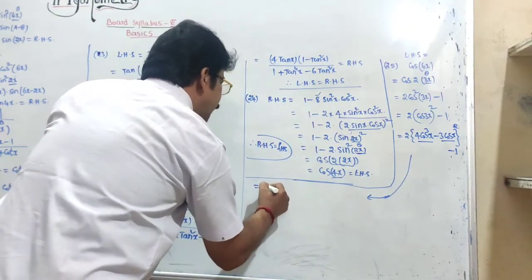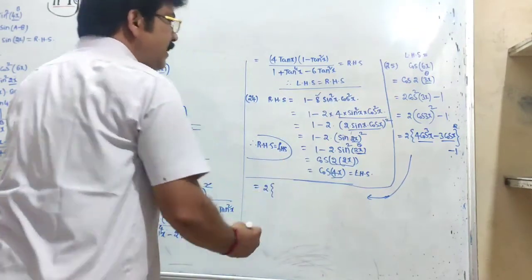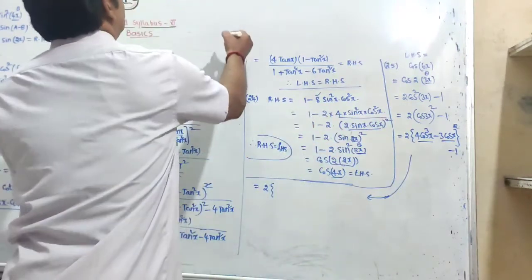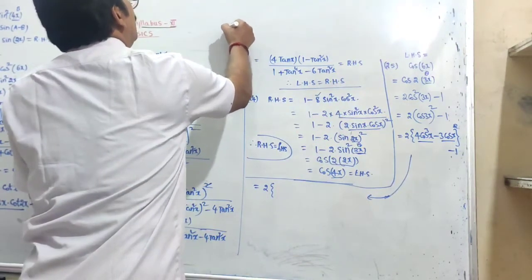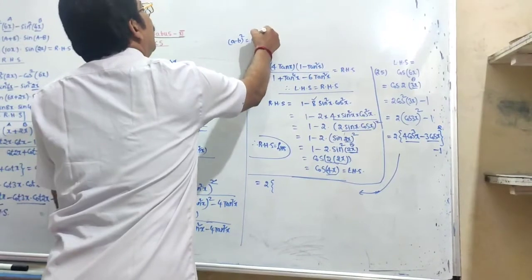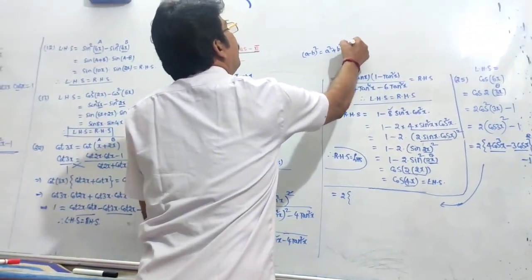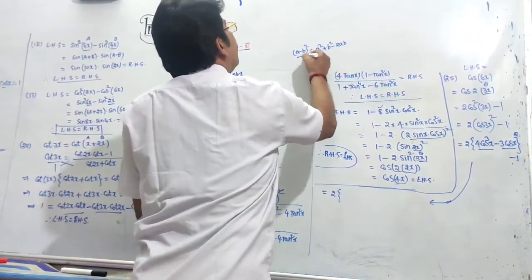So that is equal to 2 into bracket begin a minus b whole square formula. A minus b whole square is equal to a square plus b square minus 2ab.